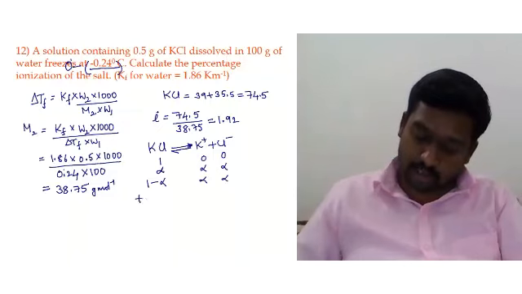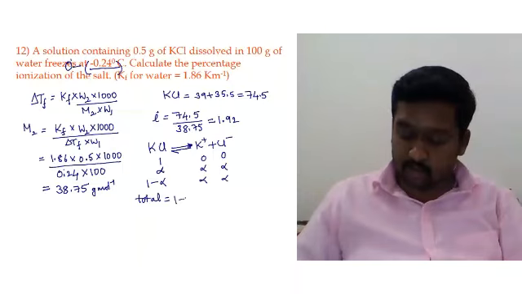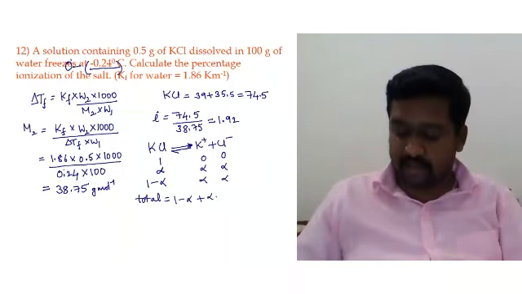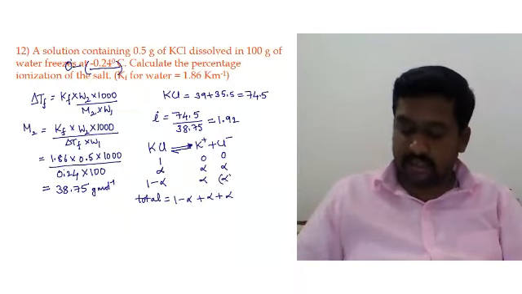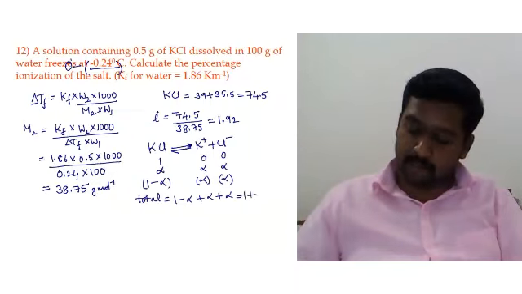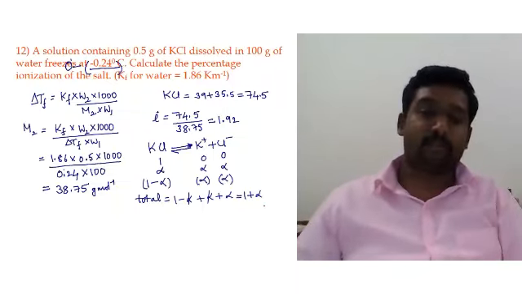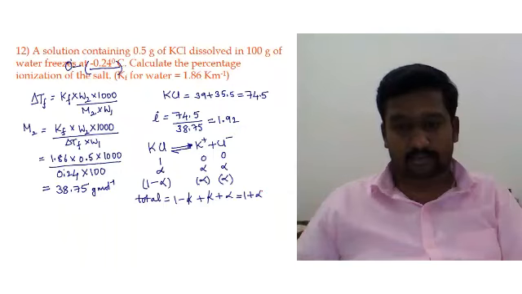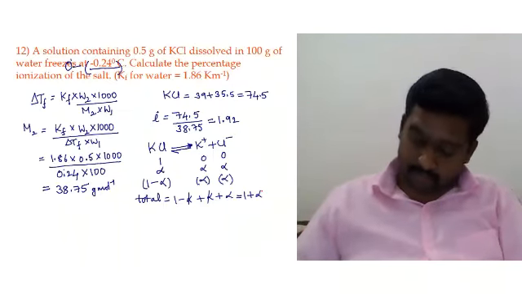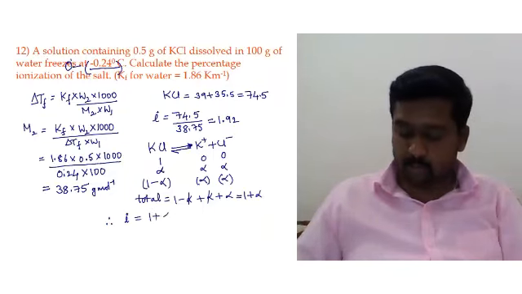So what is the total moles at equilibrium? Total moles is 1 minus alpha plus alpha plus alpha, considering all three particles. So the sum is 1 plus alpha, as minus alpha and plus alpha cancel. This 1 plus alpha must be equal to our Van't Hoff factor, because that is the number of particles. Therefore i is equal to 1 plus alpha.